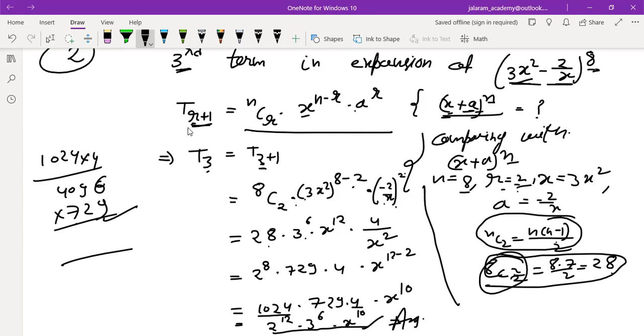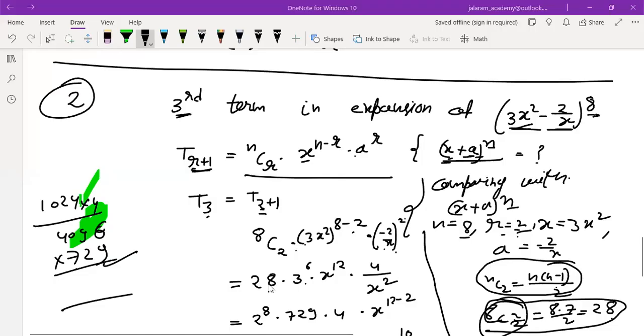it is 28, not 2 to the power 8. Look at this, it is 28. By mistake, it is written as 2 to the power 8.